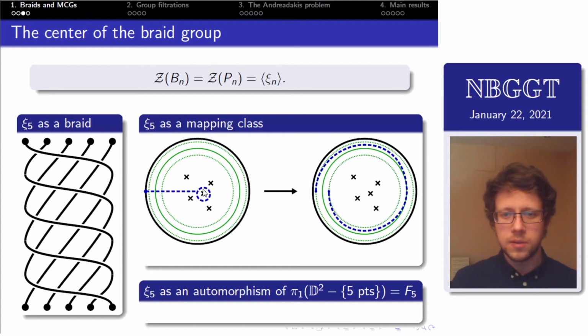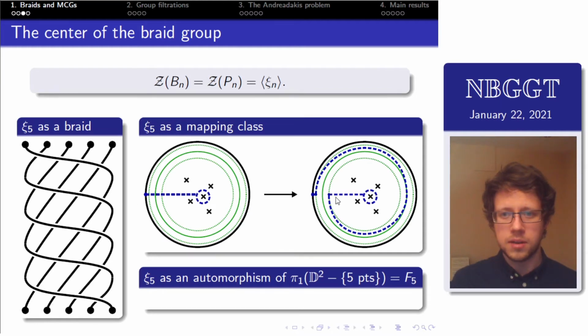We have to take the base point on the boundary because we want the base point to be fixed. And here is its image by xi-n. And so this image is, well, you go around once, then you go along this little curve, and then you go back. So you have conjugated your generator by this curve going around once, which is exactly the product of all the generators of the fundamental group.